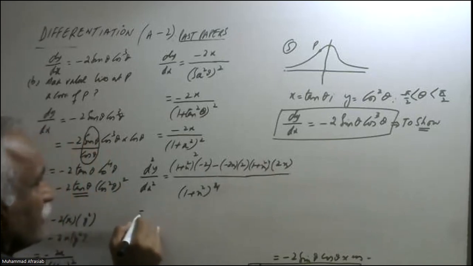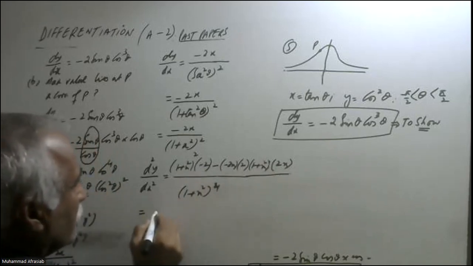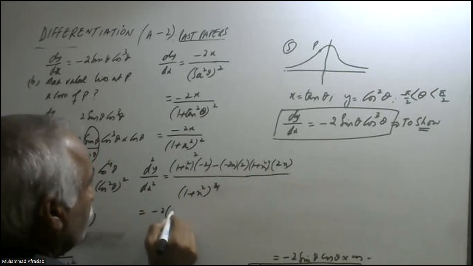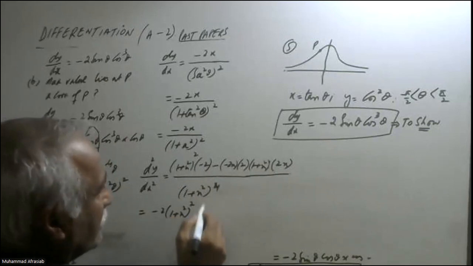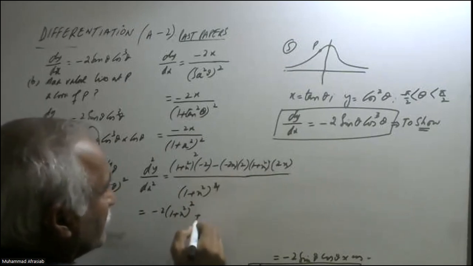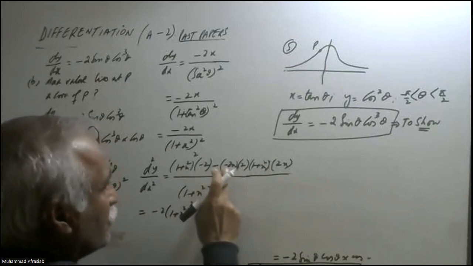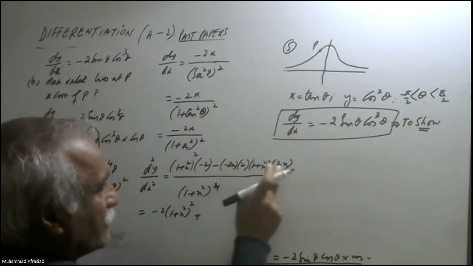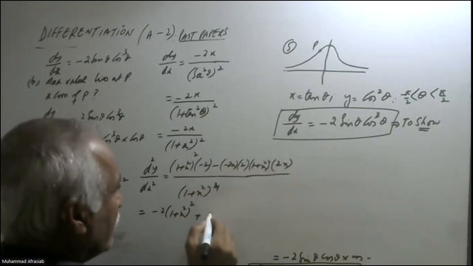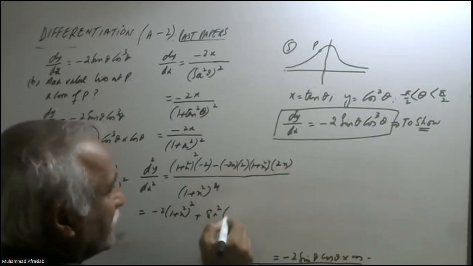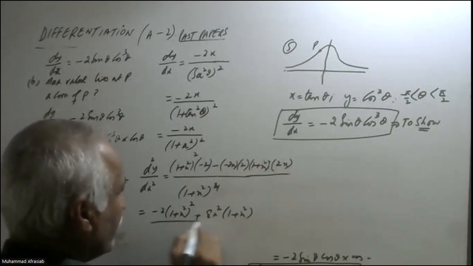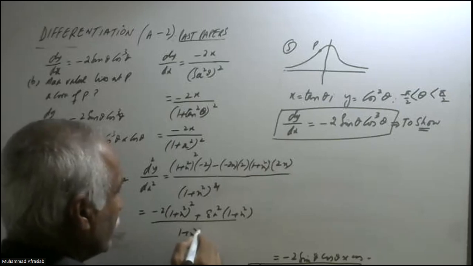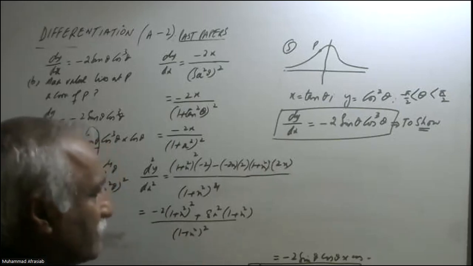This expression is going to be equivalent to minus 2 into 1 plus x square whole square. This minus and minus will become plus 2x into 2, 4x into 2x, 8x square into 1 plus x square, divided by 1 plus x square whole square.